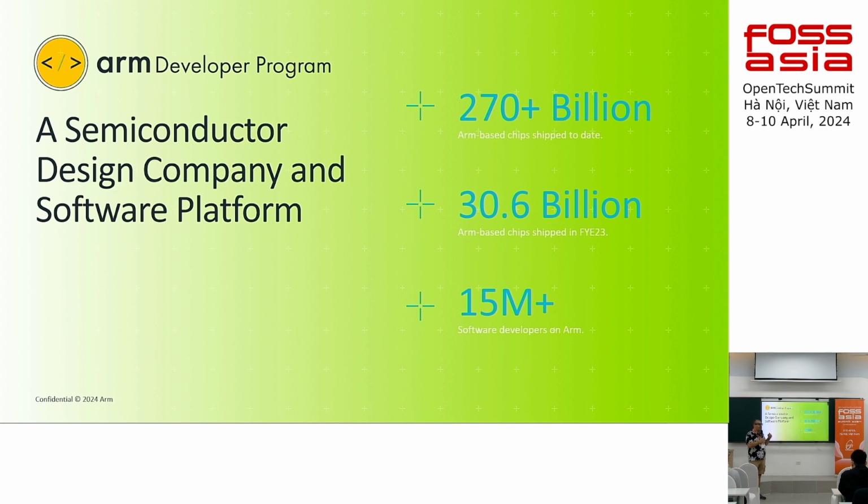But our technology and our designs have been in over 270 billion devices now. There's about 33 billion that have been shipped to date this year. There's over 15 million people developing on ARM in one shape or another.